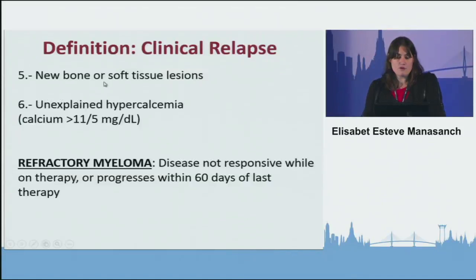If they have new bone or soft tissue lesions, that's also an indication for relapse. And if they have hypercalcemia that is due to the myeloma, then we would also consider this an indication for treatment and relapse. The definition of refractory myeloma is a disease that is not responsive while on therapy or that progresses within 60 days of the last therapy. And this is what's used as refractory when we talk about refractory myeloma, especially in clinical trials.